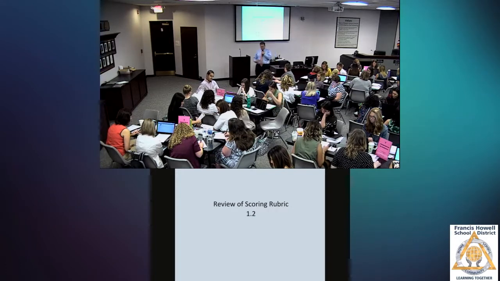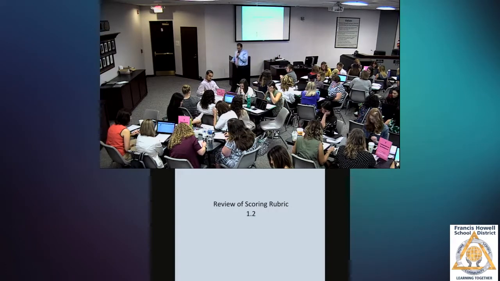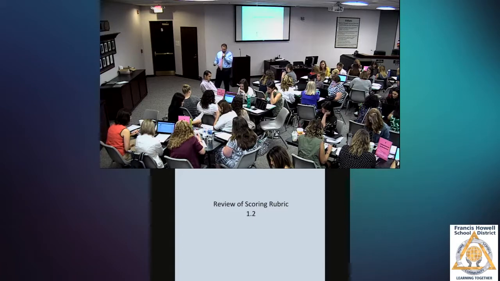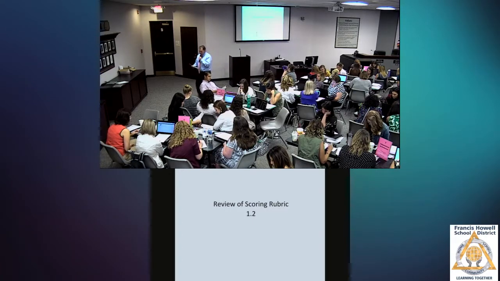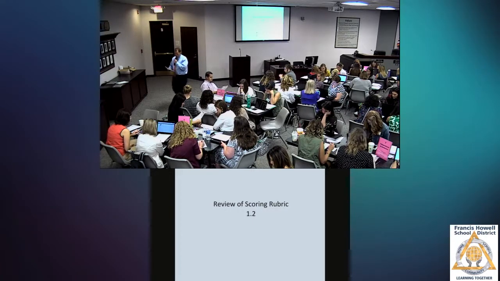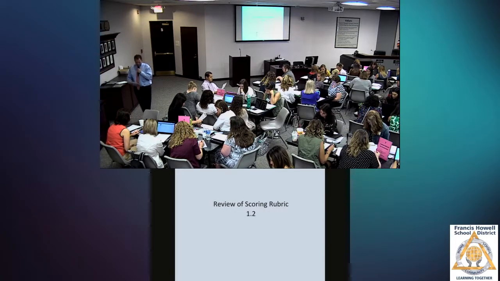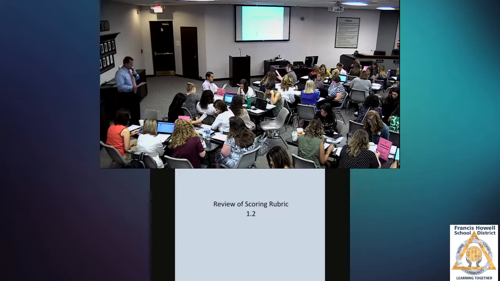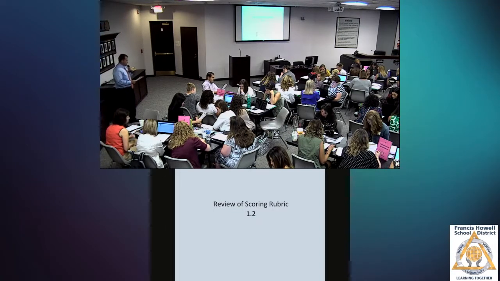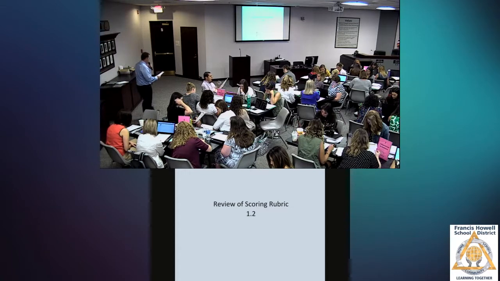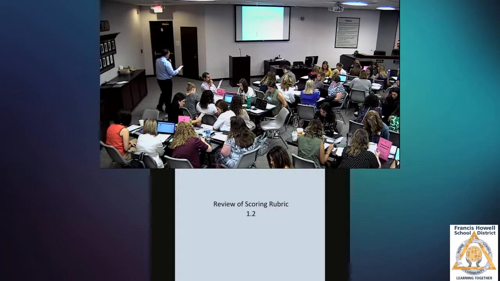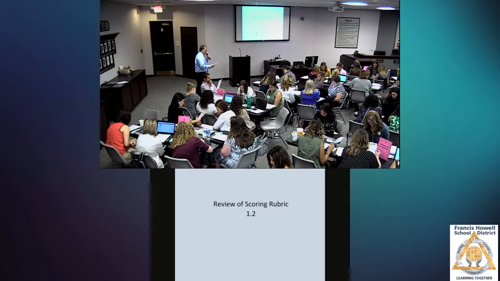And what I just want you to do is look at the 0, 1, 3, 5, and 7. And just very quickly take a look through those. Remember that this is dealing with cognitive engagement. And look at the differences between the scores. So when we see a 1, it uses that key phrase seldom. When we look at a 3, it talks about occasionally, but then it also talks about half of the time or with fewer than half of the students.